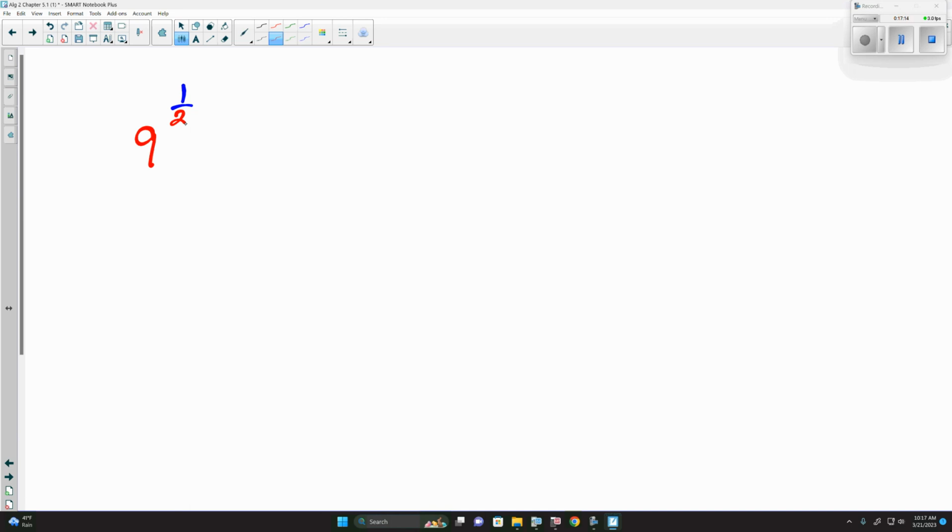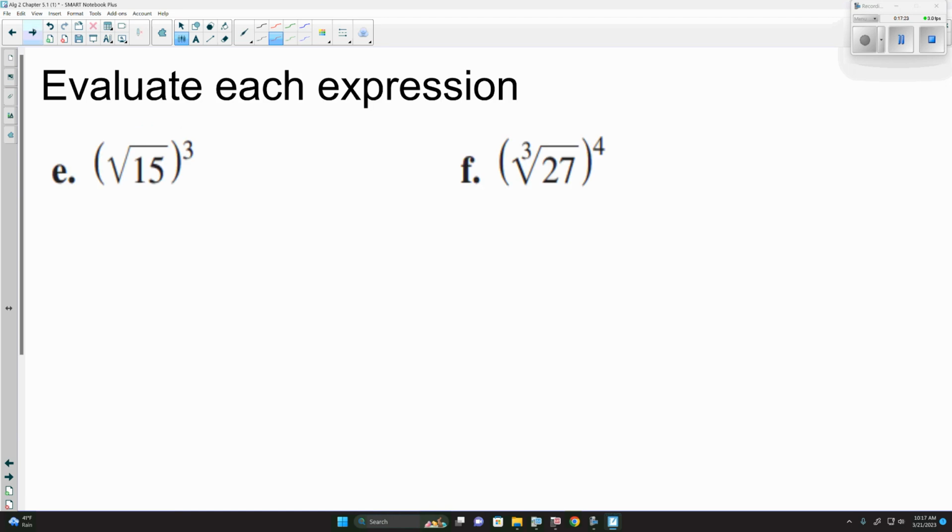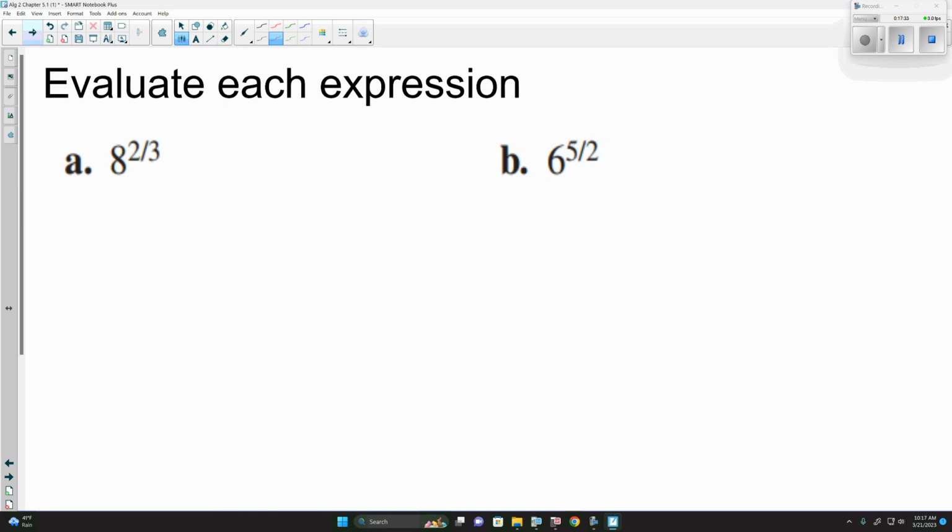Now, it's not specifically half, because half of 9 is 4.5, because it's the number times itself. We're reducing it by a power of 1/2. Questions on any of these here? Now, we're going to move on to these here. 8 to the 2/3.